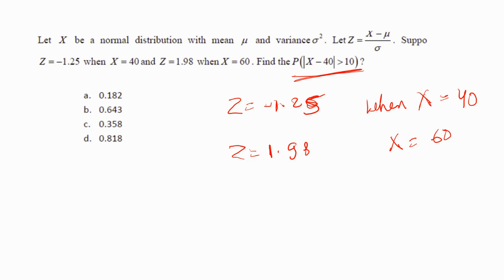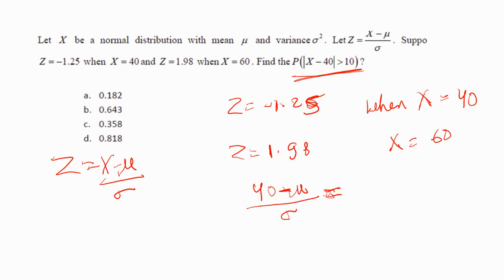So basically it is given as z. What is z? Z is x minus mu upon sigma. So you have two equations: 40 minus mu upon sigma will be equal to minus 1.25, and 60 minus mu upon sigma will be 1.98.